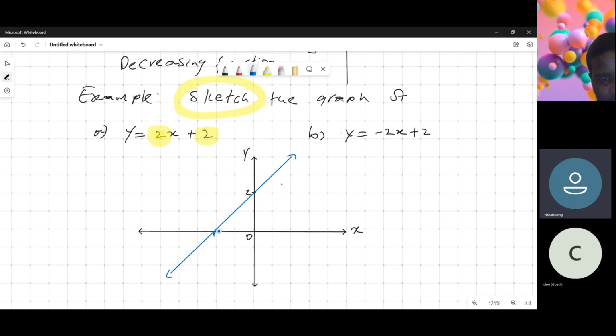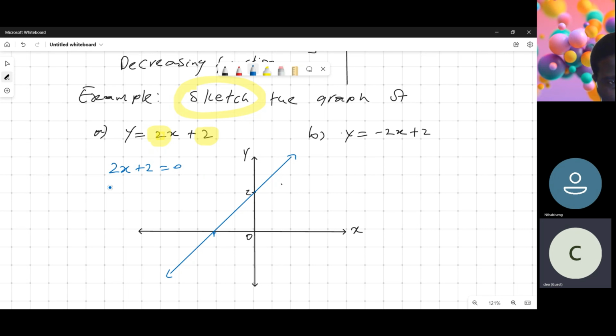The value of y is 0 on the x-axis, meaning if I want to know the value of x at this point where the graph is touching the x-axis, I need to substitute the value of y to be 0. So let's do that. 2x + 2 = 0, solving for the intercept.